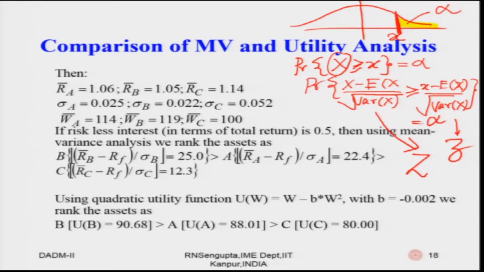So, if you find those values and rank them, you have R̄B minus RF divided by sigma B, then another value would be R̄A minus RF divided by standard deviation sigma A, and another is R̄C minus RF divided by sigma C. So, these values corresponding to those three statements which I made come out to be 25, 22, I am not going to the decimal values, 25, 22 and 12.